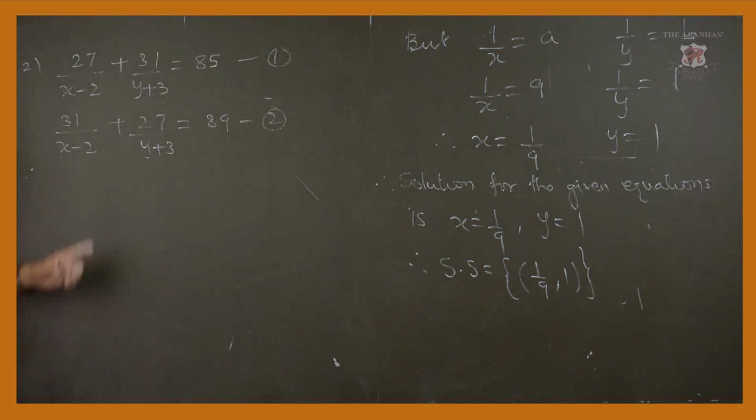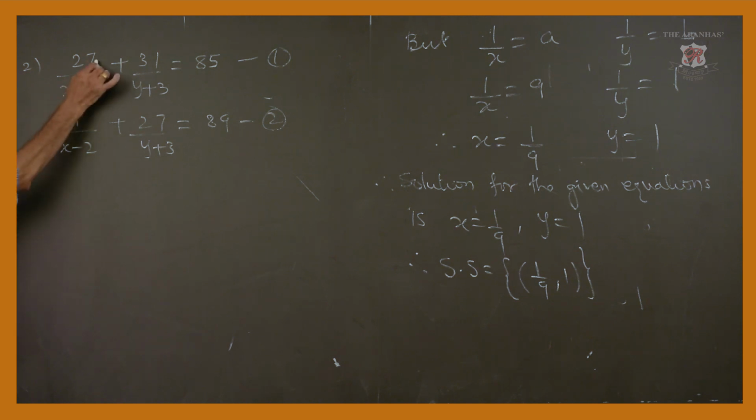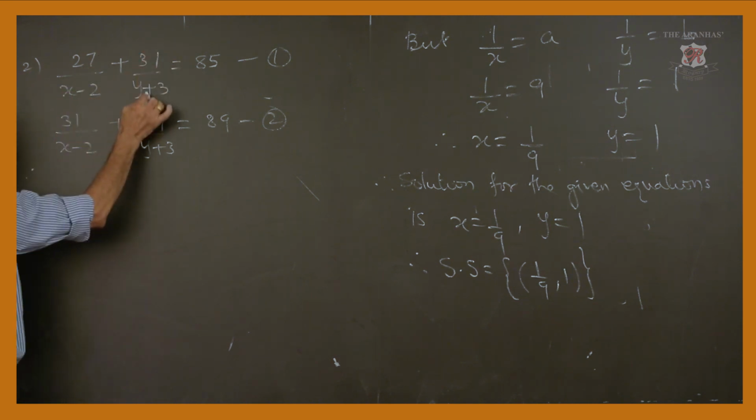Now again, if you observe, these are not linear equations because the variables are in the denominator. So reduce it to the linear equation. How? I told you 1 upon x minus 2 and 1 upon y plus 3.